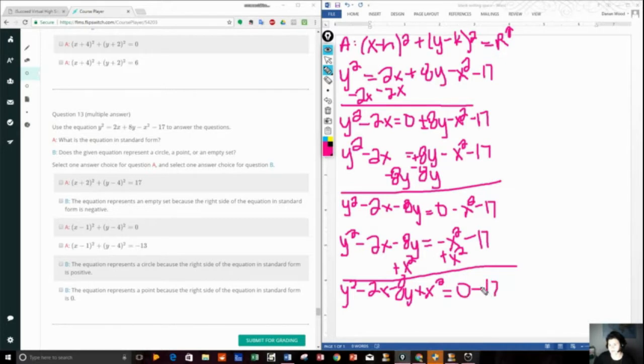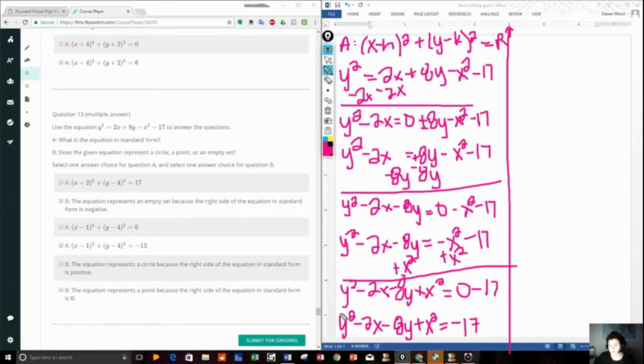Now 0 minus 17 is just minus 17, so we have y squared minus 2x minus 8y plus x squared equals minus 17.